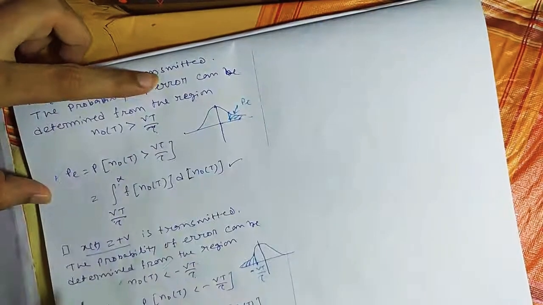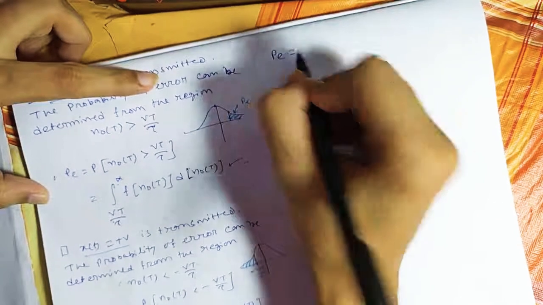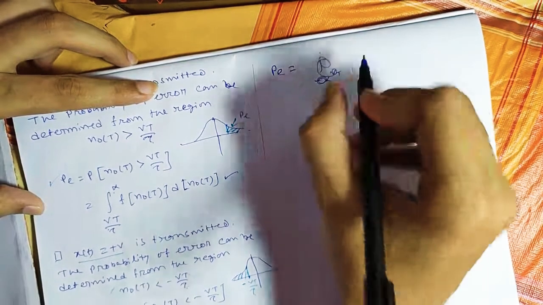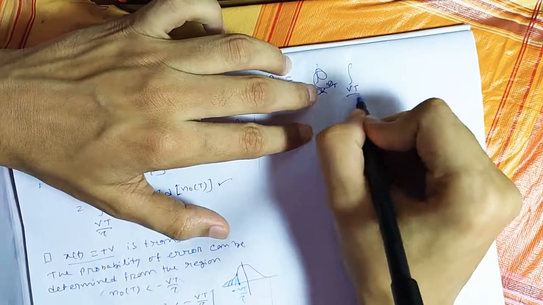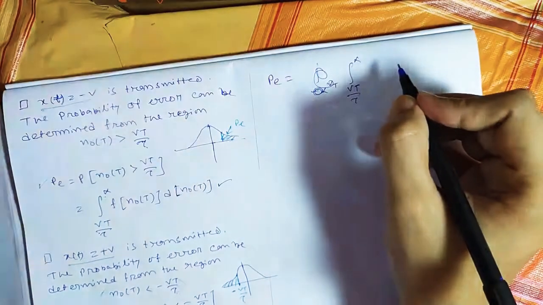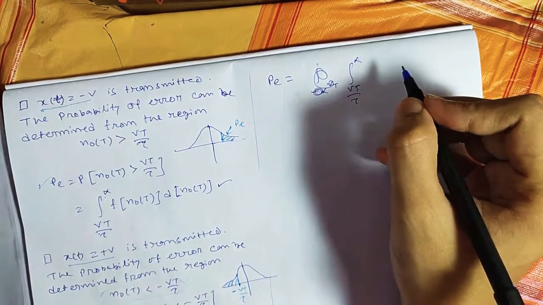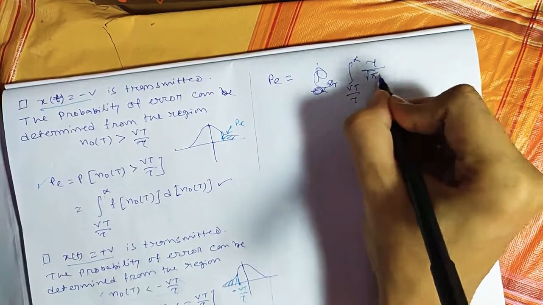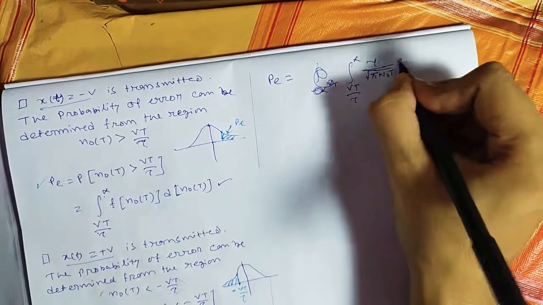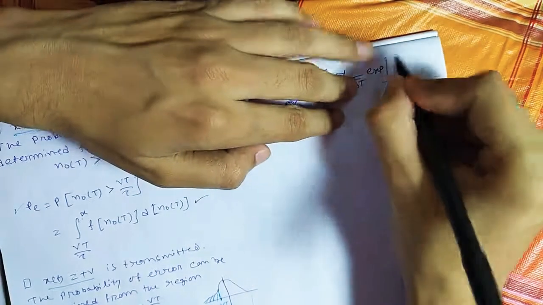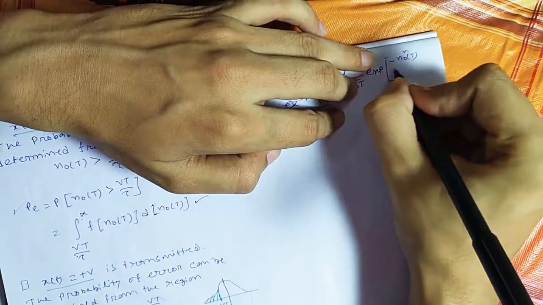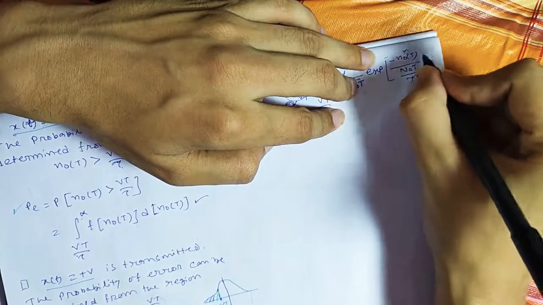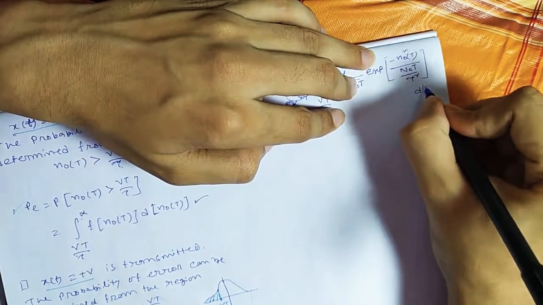Let's consider this function, and PE will be equal to the integral from vT by tau to infinity of f of n0(t), which we already determined, that is tau by root pi n0 T, e to the power minus n0(t) square divided by n0 T by tau square, d of n0(t).